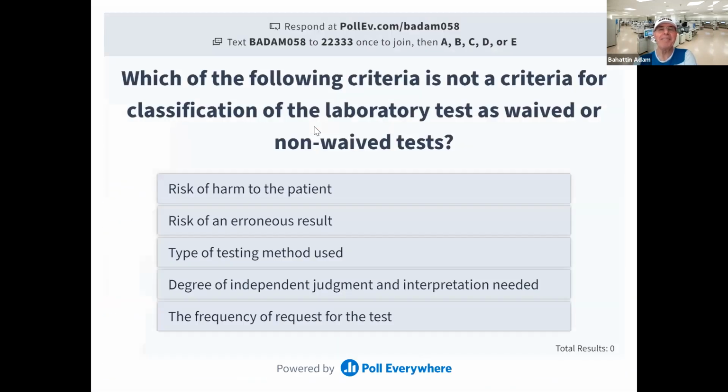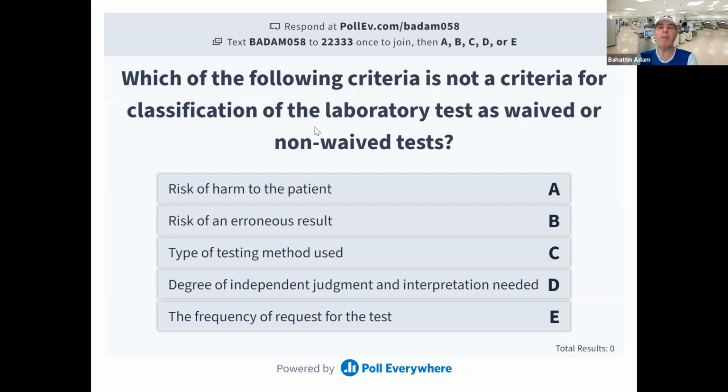Okay, now the first one. I am trying to test you whether you review the course material before you come to the class, or the chapter we already discussed.